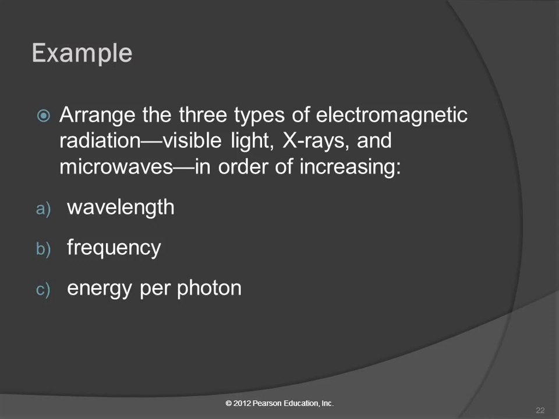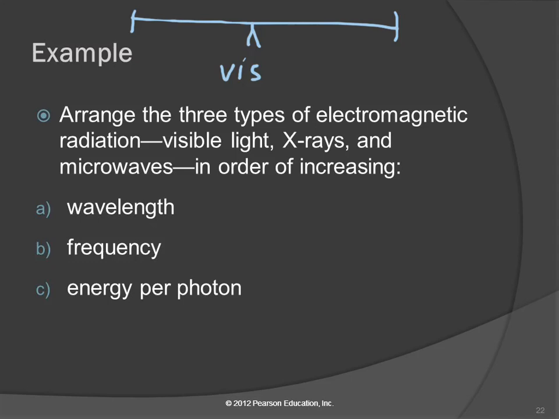Okay, so this is a little challenging to do from memory, not having studied this at all. But let's just think about that spectrum that we looked at. Okay, so visible light was in the middle. So visible light.